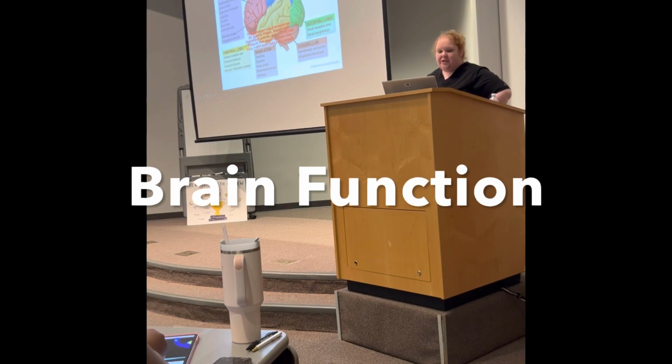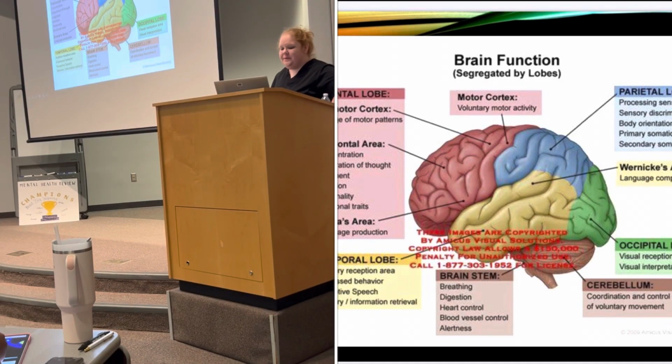So brain function, I put this up there just because I want you to know, just think back to A&P. These different lobes, say for instance, we're having trouble with concentration. Patient comes in, they're not able to concentrate, they're making completely irrational decisions like giving all their money away, poor judgment, and personality changes.